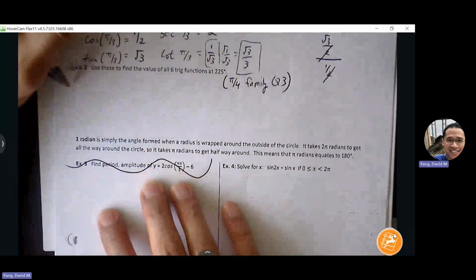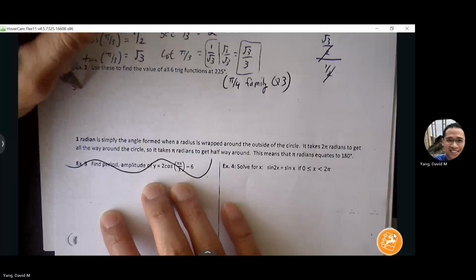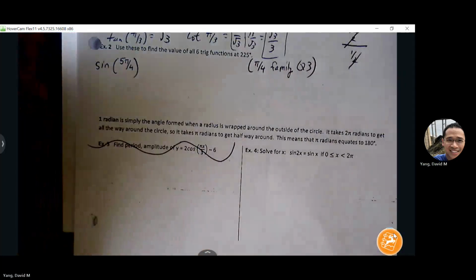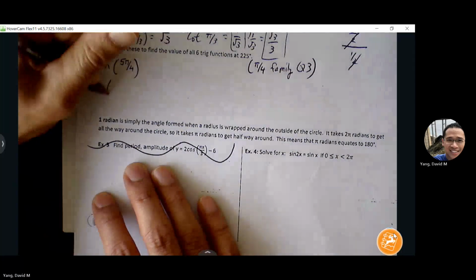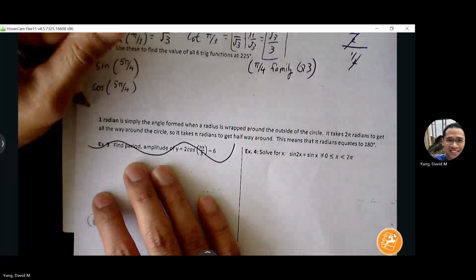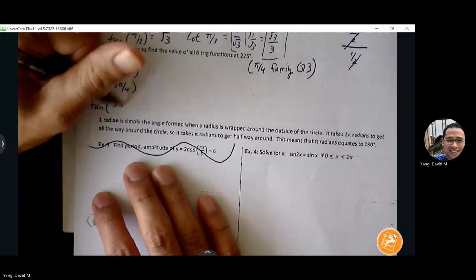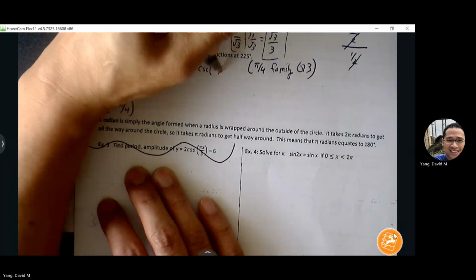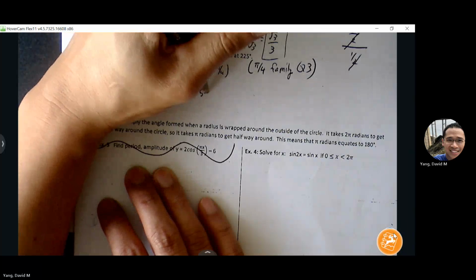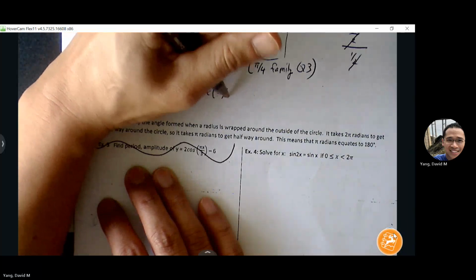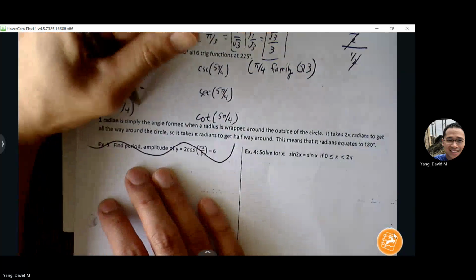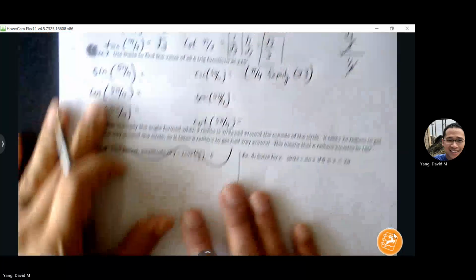Okay, so let's just do sine, cosine, tangent for all of these. Okay, 225 degrees, I'm going to write 5π/4.